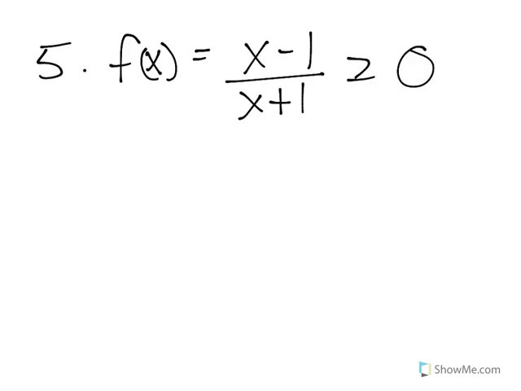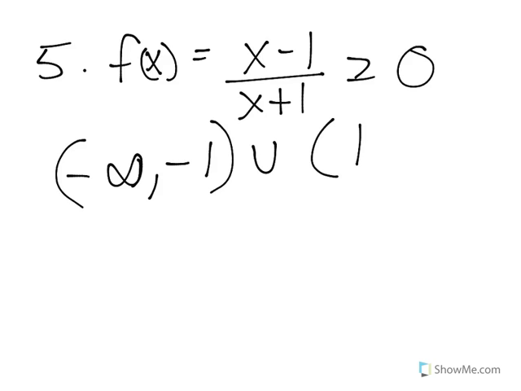So, based on our work in step 4, we saw that f of x is greater than or equal to 0 for negative infinity to negative 1, union 1 to infinity. That's what we saw based on step 4. However, because the inequality involves greater than or equal to, we must also include the solution of f of x equal to 0.